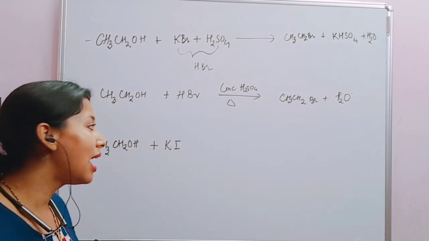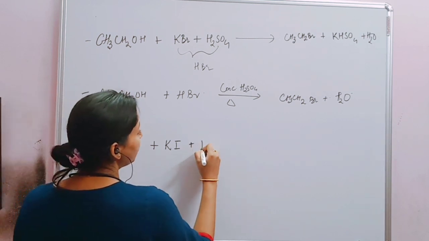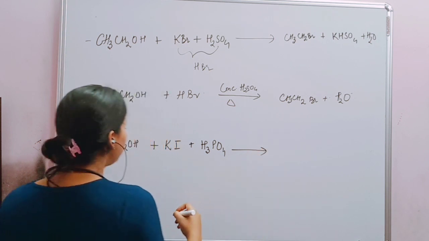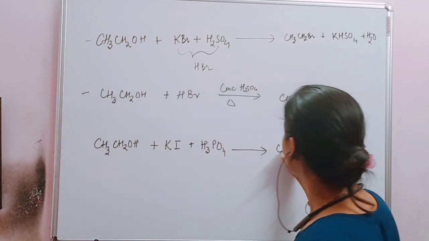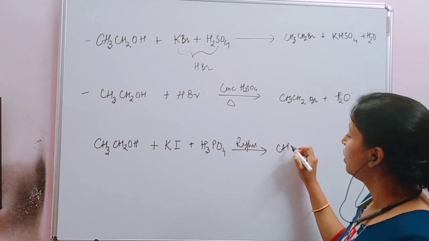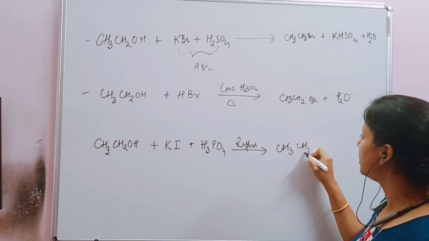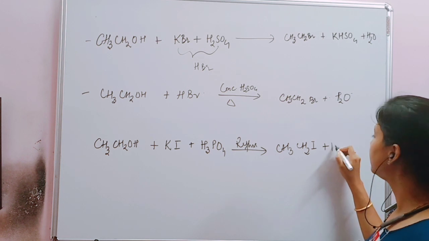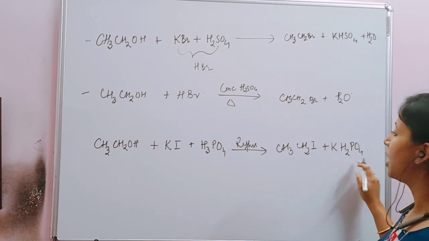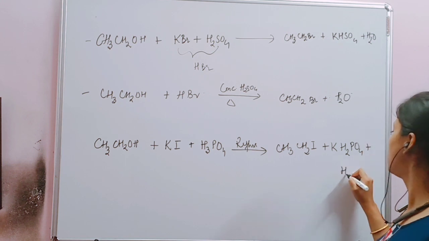We have to use phosphoric acid, H3PO4, and we need to reflux this. We will get CH3CH2I plus KH2PO4, potassium dihydrogen phosphate, plus water.